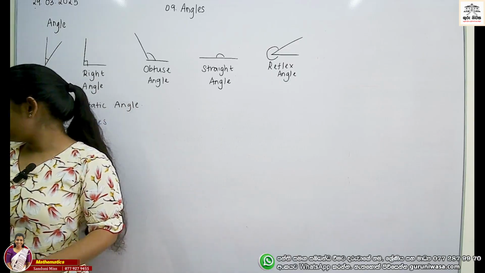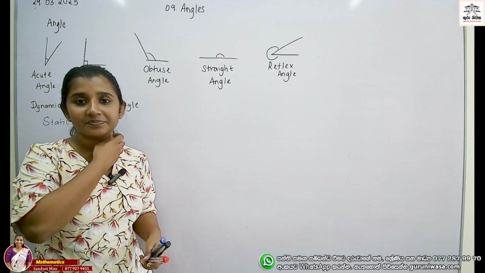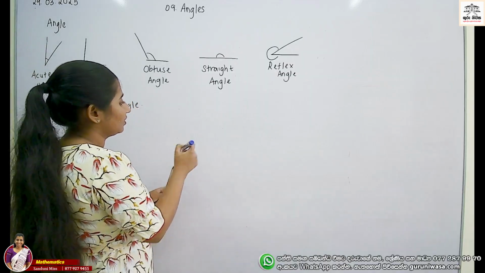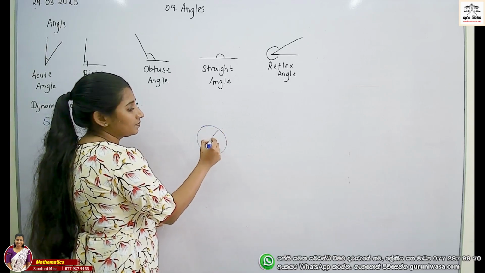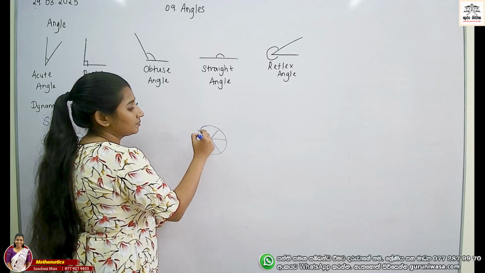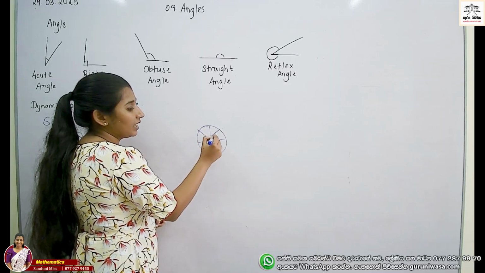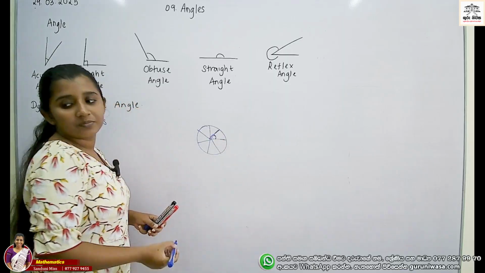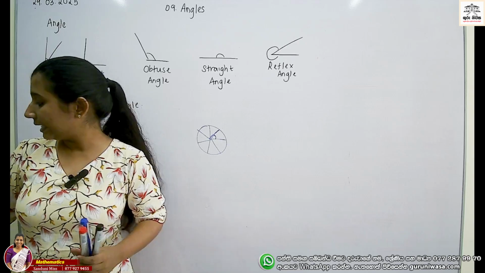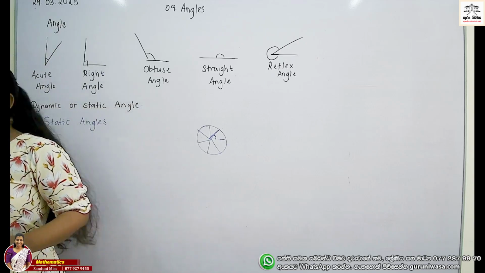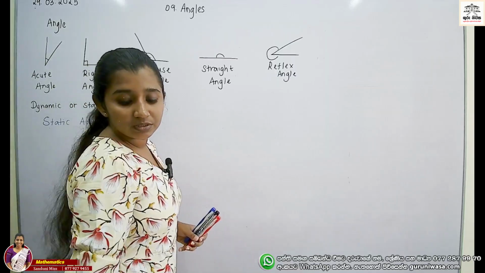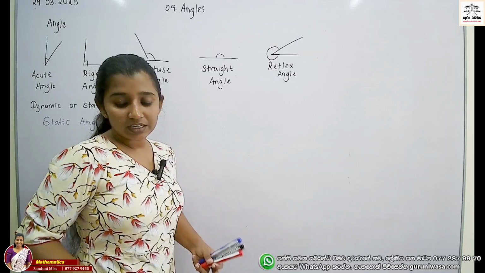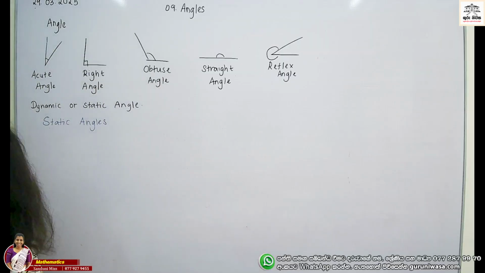When you take a bicycle wheel, what can you say about the angle formed with these two? Those are static. If the magnitude is not changing, we can call it a static angle.